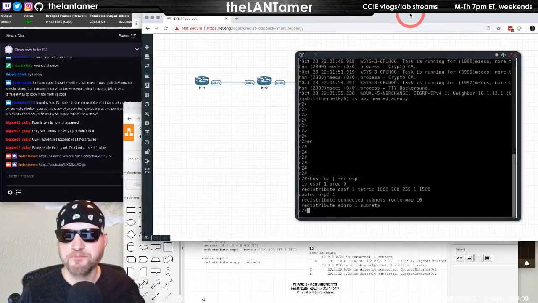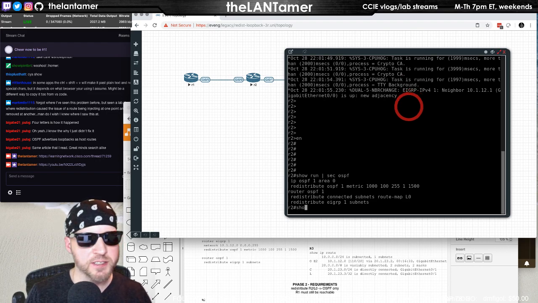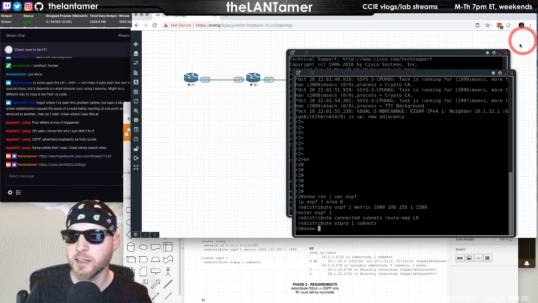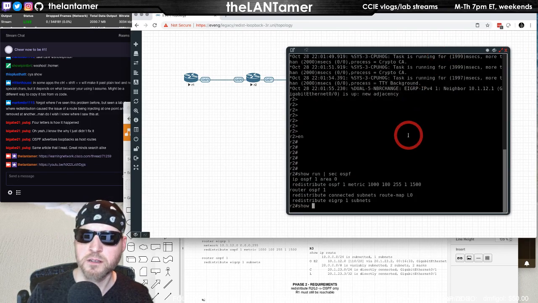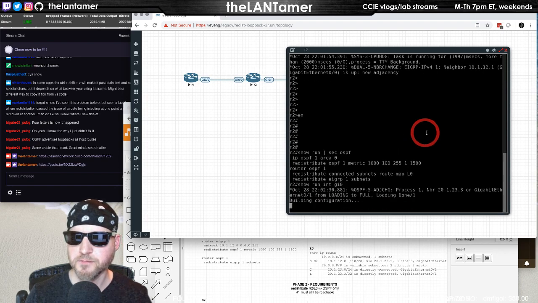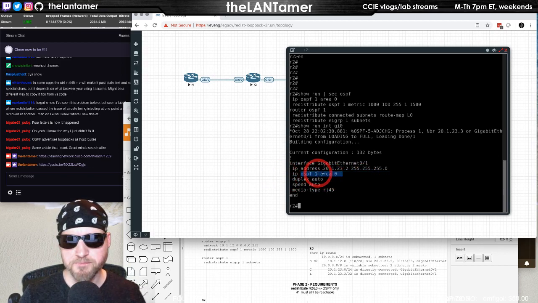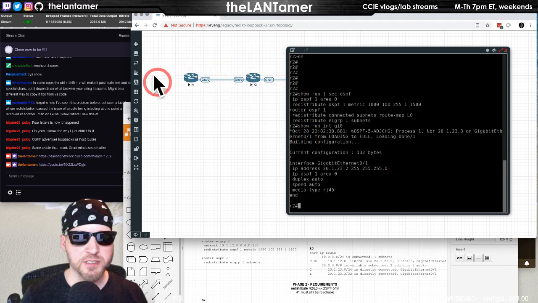I remember now. Okay, so what we have is interface. I'm doing it the same way Tony did in his lab, in the INE lab. Show run interface Gi0/1. Yeah, OSPF is loading. So what we have is interface level OSPF configuration here. So yeah, we've got mutual redistribution.